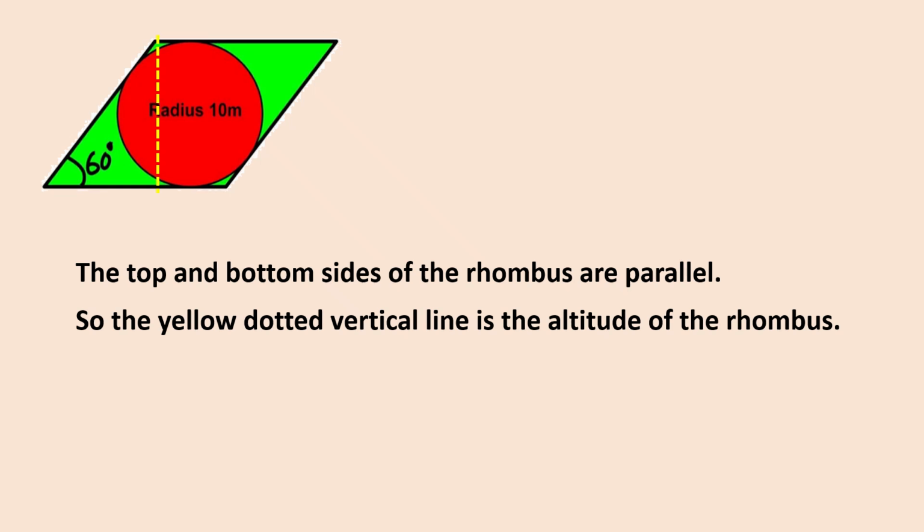The top side and bottom side form parallel tangents of the circle, so the distance between them should be equal to the diameter. So this yellow dotted line drawn between these two parallel tangents is equal to the diameter in length.